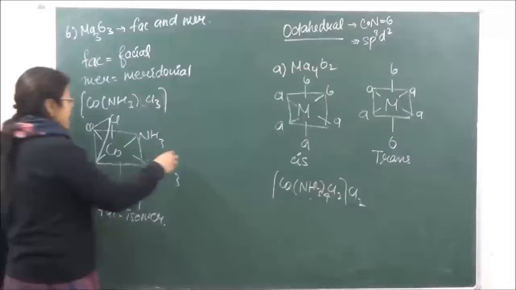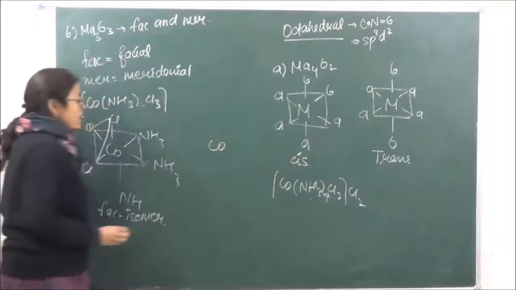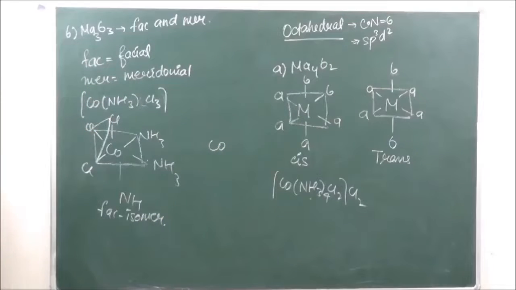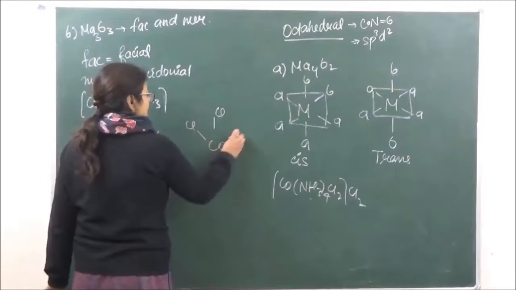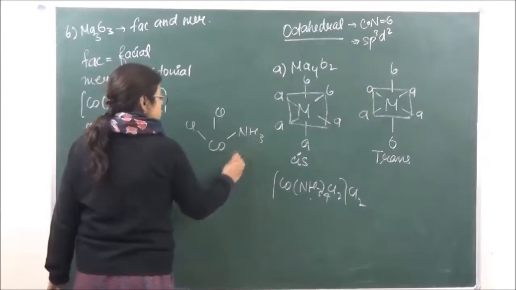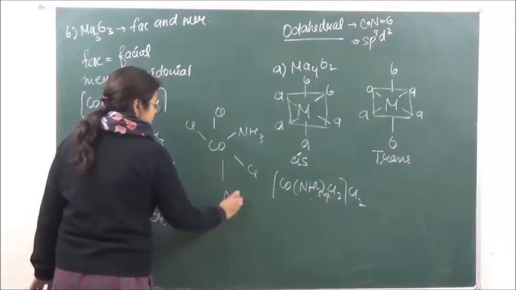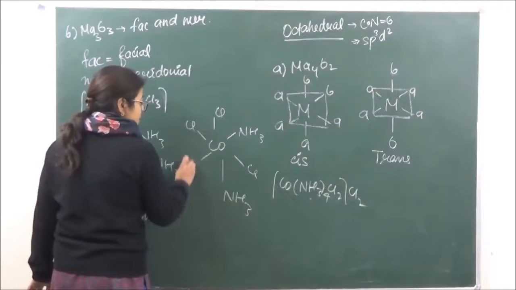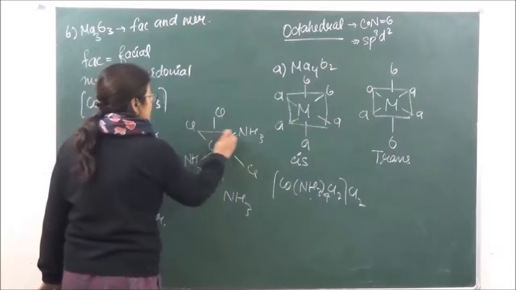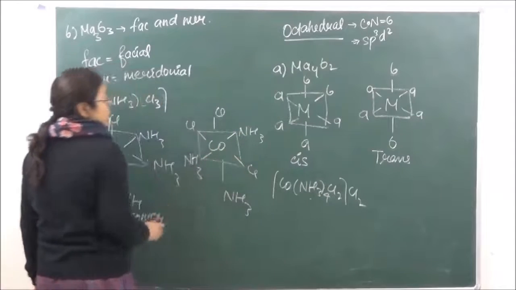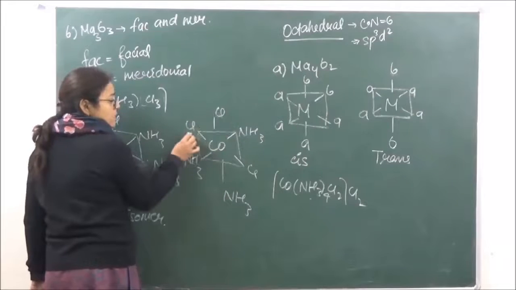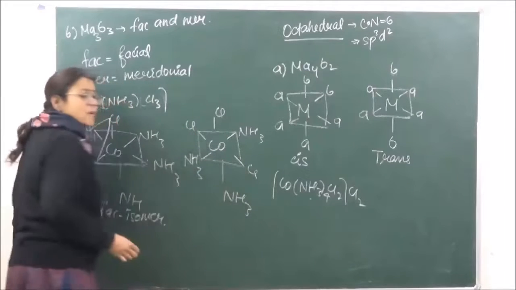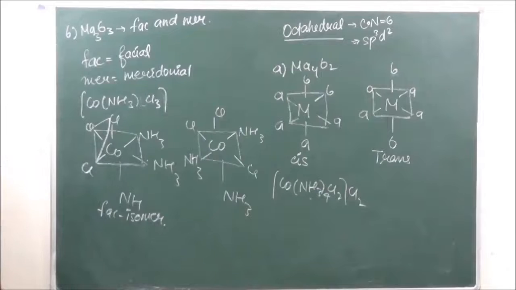Now let's take the isomer with the change in positions over here. Now we have Cl, Cl, NH3, Cl, NH3 and NH3. Now what can you see over here? Again, if you are dividing it from here, you have 2 chlorines on the same face, but the third chlorine is present on the meridional position.